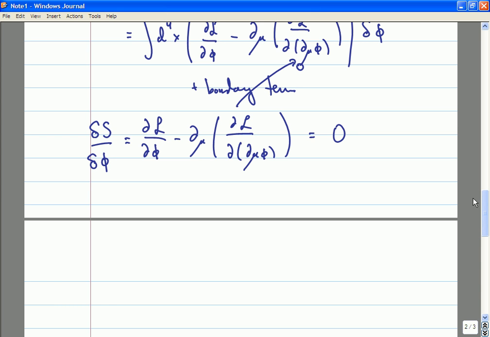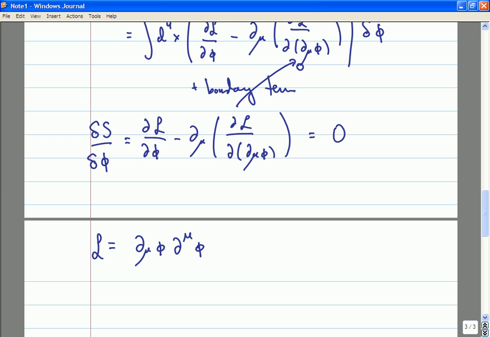The action should be second order in derivatives of phi, and it should be a scalar under coordinate transformations. So, if you think about it, the only thing involving the derivatives of phi is the square of the derivative of phi.